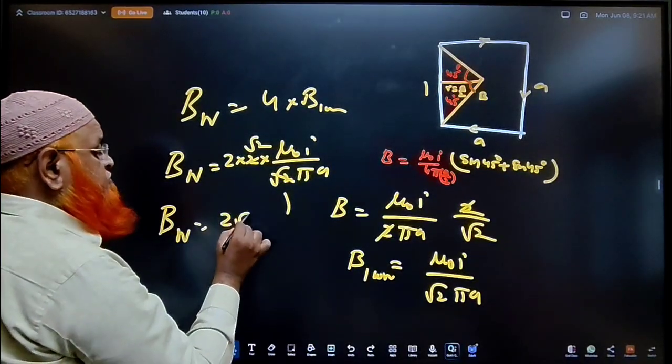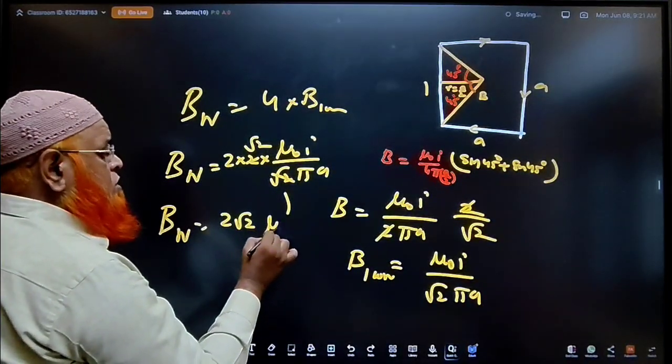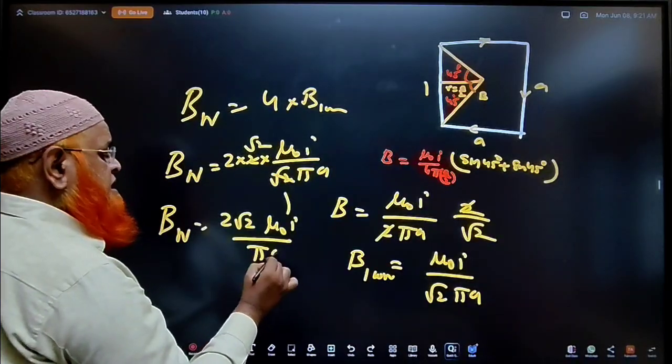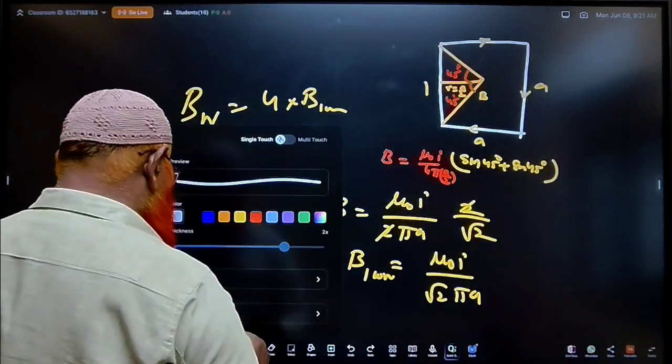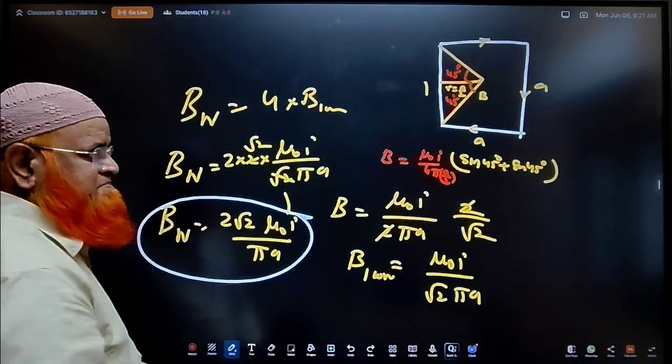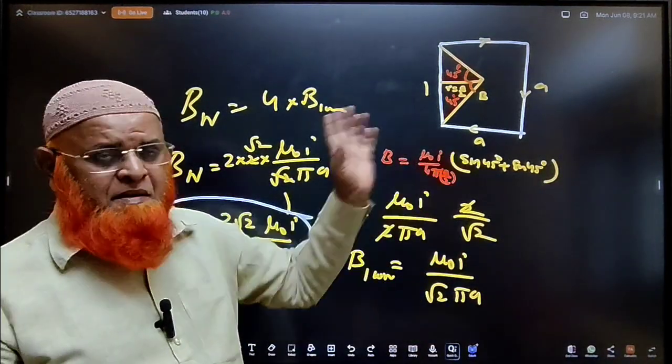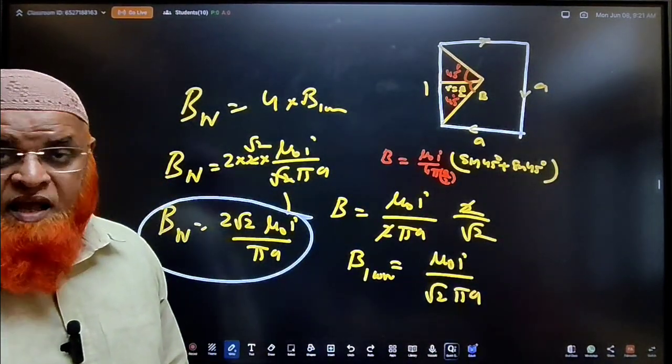So your final answer is 2 root 2 mu naught I by pi A for a square of side A.